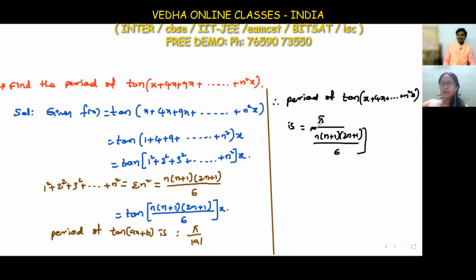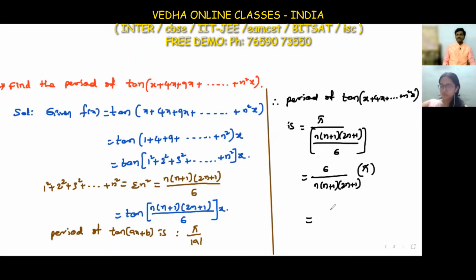So we take the fraction to the numerator, and we get the reverse. Finally we get 6 pi divided by n into (n plus 1) into (2n plus 1). This is the required final answer.